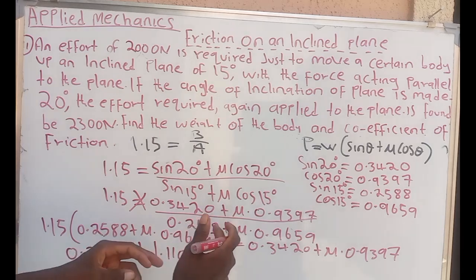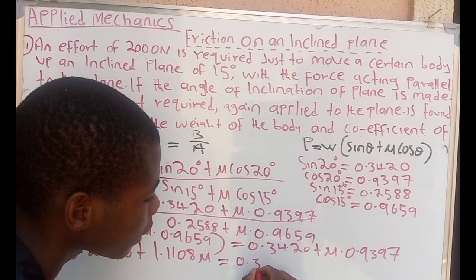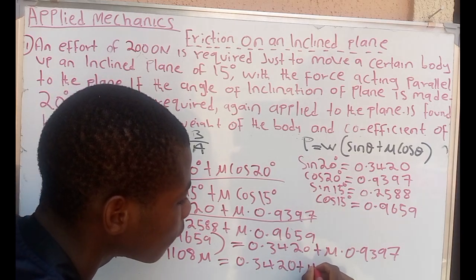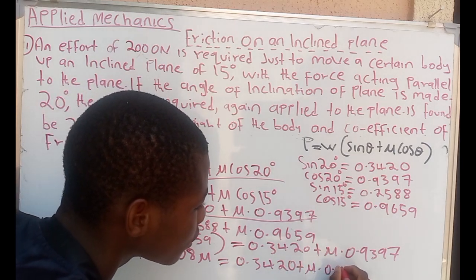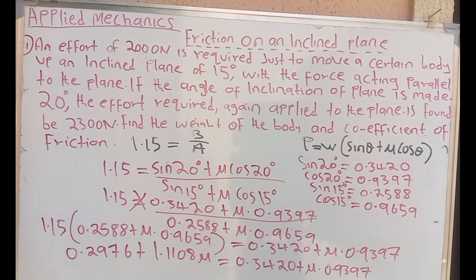So that's all for this first part. Let's say that is equal to 0.3420 plus mu times 0.9397. So now, how can we find the value of mu?